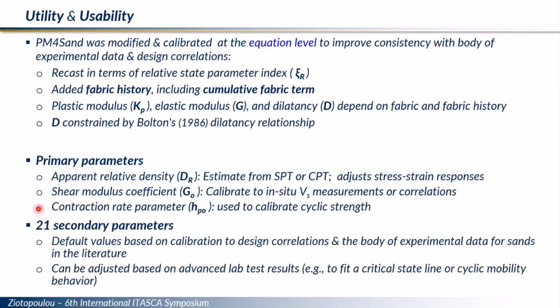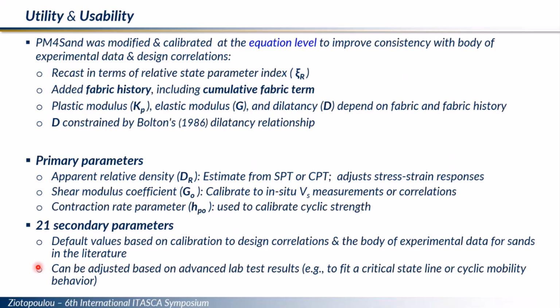And then going back to utility, there are also secondary parameters that can be left at their default values, meaning that all these equation level calibrations will be activated, but should you have more site-specific or lab-specific data, those can be activated with care.